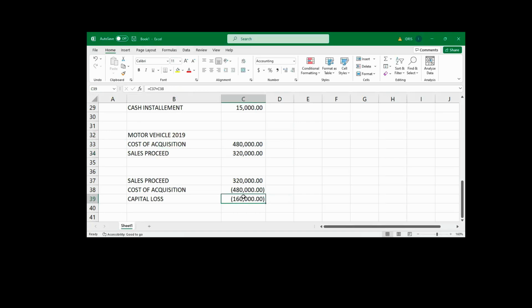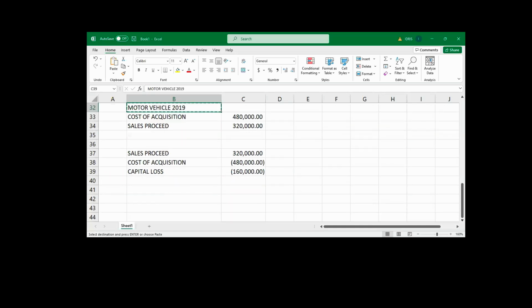The law says you can carry it forward for a maximum of 5 years. Let's say in 2023, you now sell another motor vehicle.